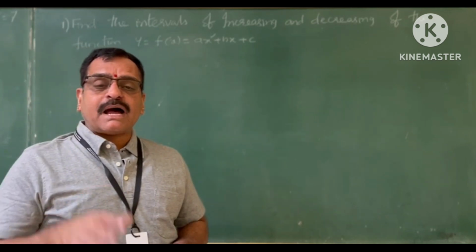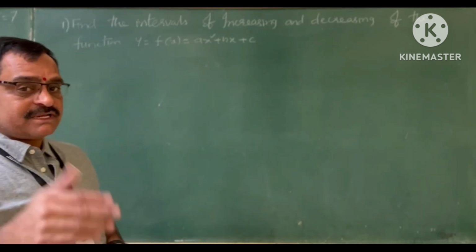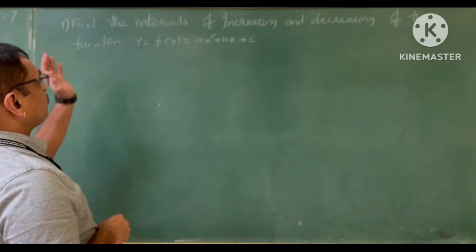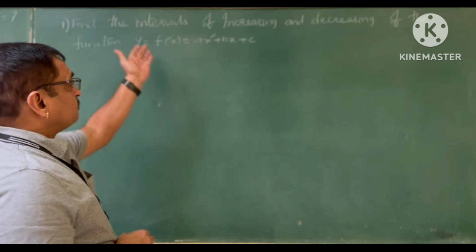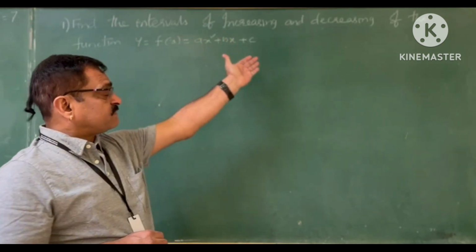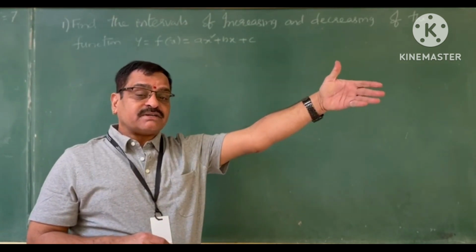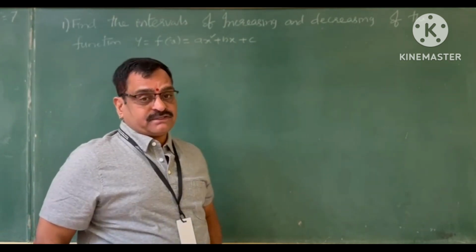Very highly useful example for the next level. So we are going to find in which interval my f of x equal to x square plus bx plus c is going to be increasing function and decreasing function. Solution.